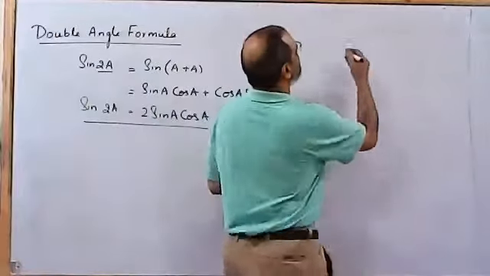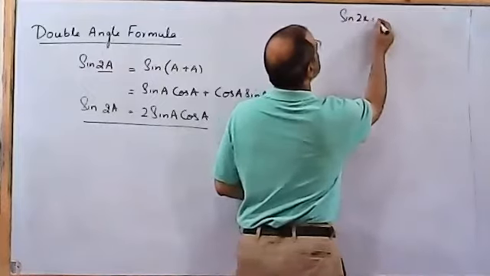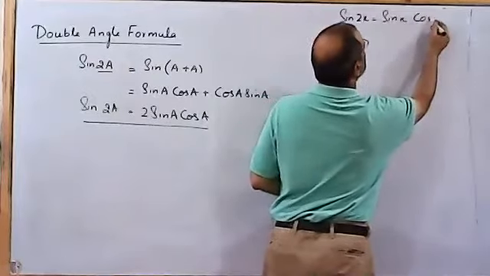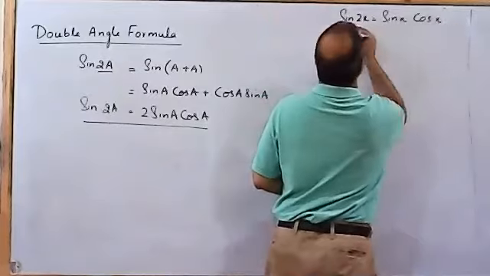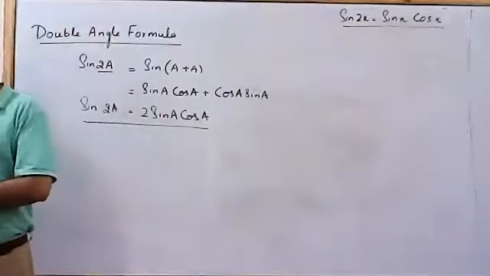So I can say that sine 2x is equal to 2 sine x cos x. This is the double angle formula for sine.